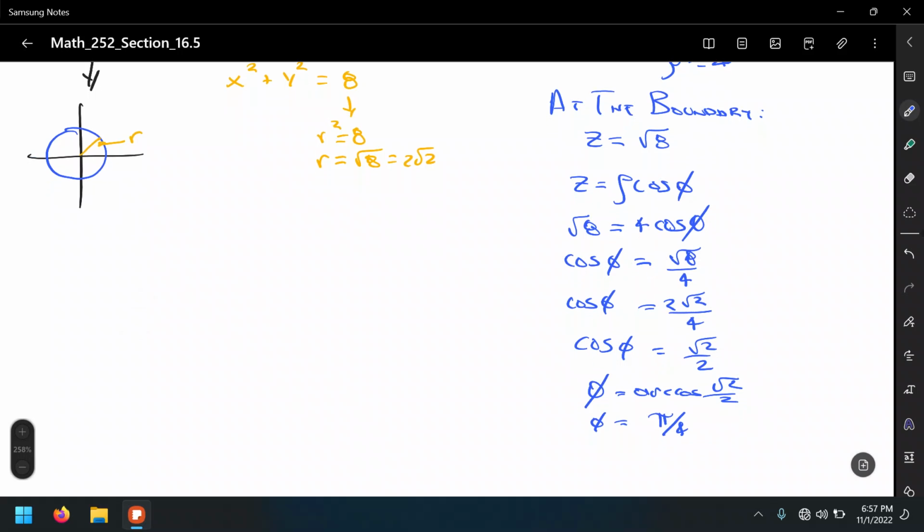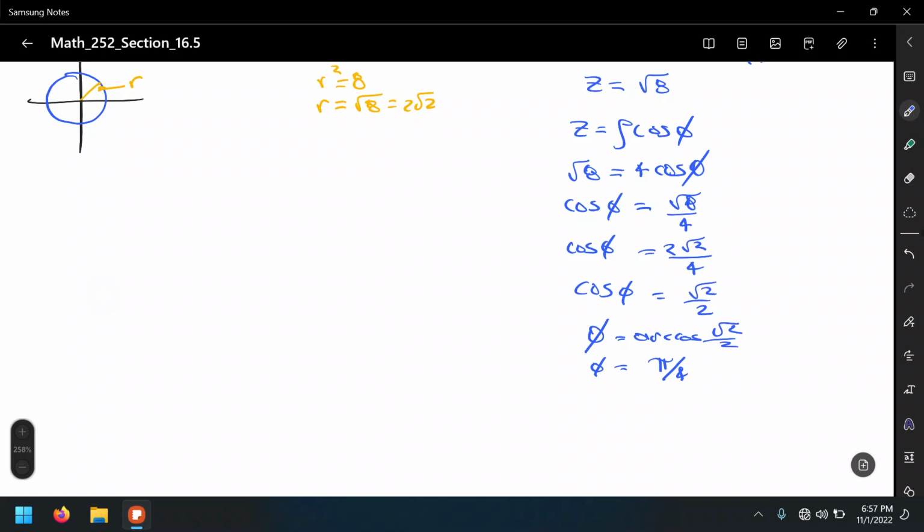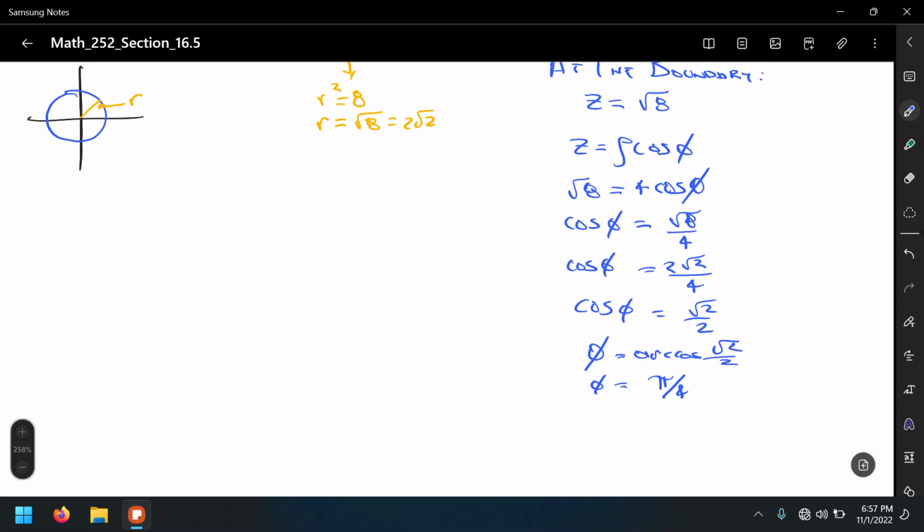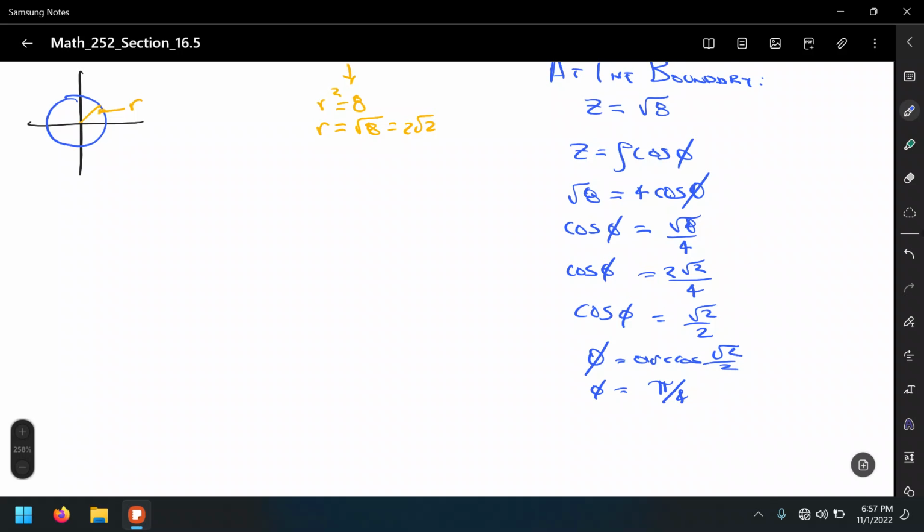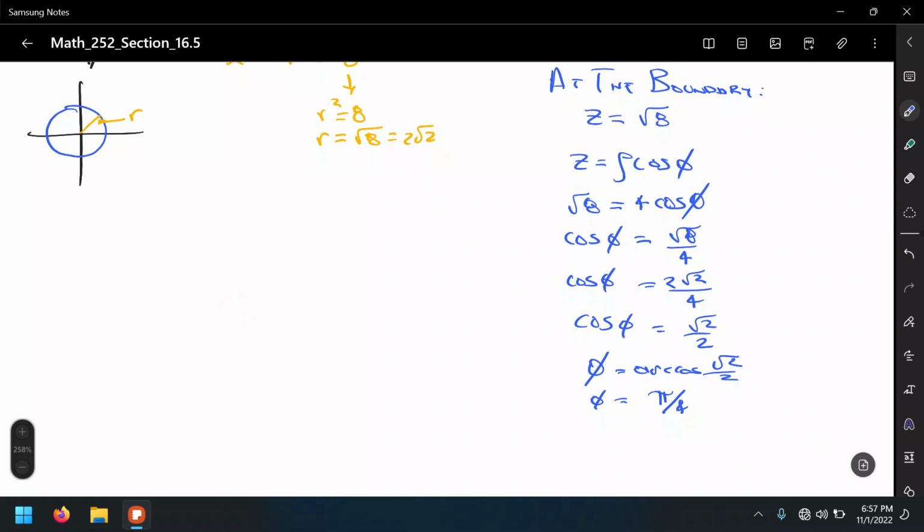So what do we have? We have a cone that has an angle of 45 degrees with the positive z-axis. So we're going to have a cone like this. Can you imagine an ice cream cone of 90 degrees? That's a lot of ice cream, right? Wow. Of course phi is going to vary from 0 to pi over 4, and that's what this equation is going to tell us.